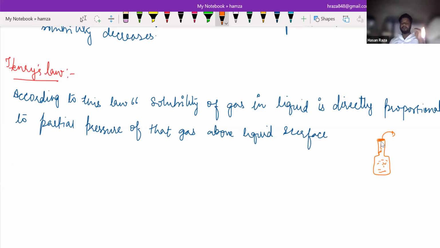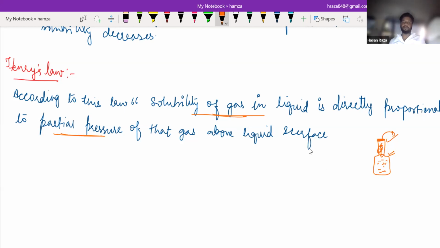Between the cap and the liquid, there is gas filled in this cold drink. Henry says that the solubility of gas in liquid is directly proportional to the partial pressure. That means this gas is applying a pressure on the surface of the liquid.